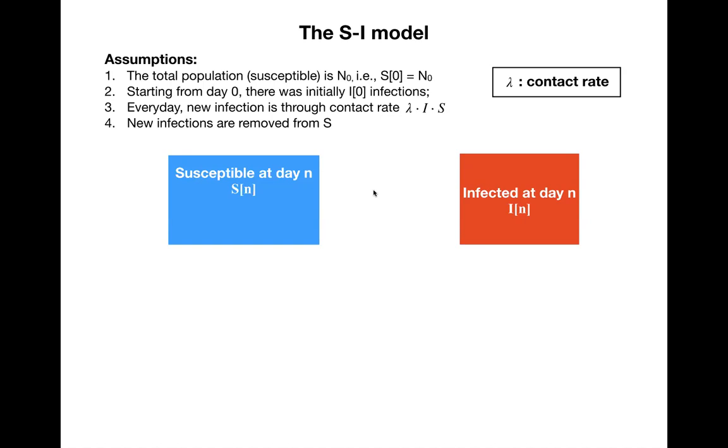Now I have I_0 infections, and because my patients can have contact with people without social distancing, they just freely talk to people, go to restaurants, and you can get new people infected. So the new infection through the contact rate is actually lambda times I times S, because it's proportional.